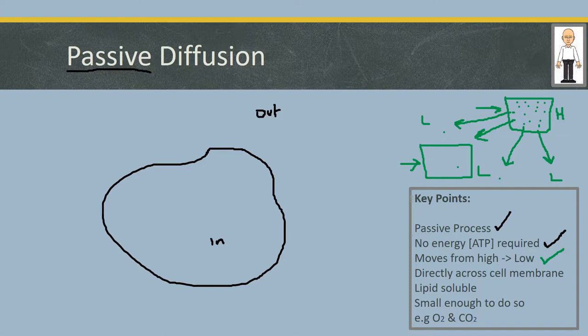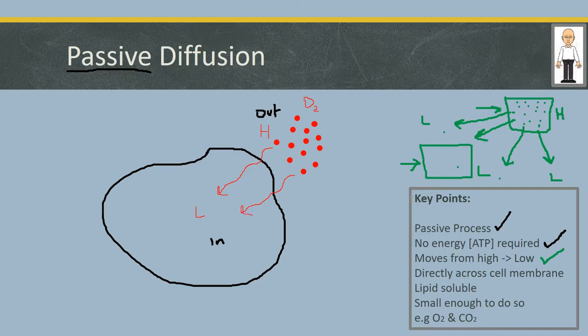So if I draw a lot of oxygen in red out here, then what we can see is that the oxygen transports around the blood to our cells, and it produces an area of high concentration of oxygen outside of the cell. Obviously, inside of the cell, in this diagram, is a low concentration. And so what happens is this oxygen moves into the cell from high concentration to low concentration without using energy.